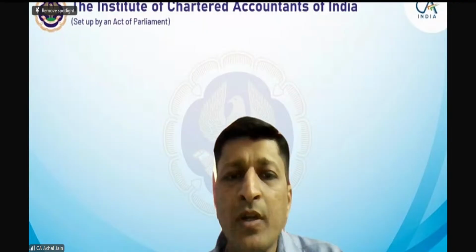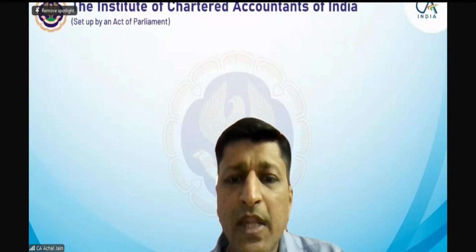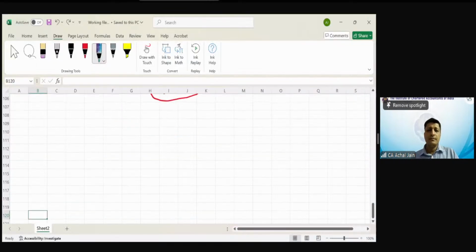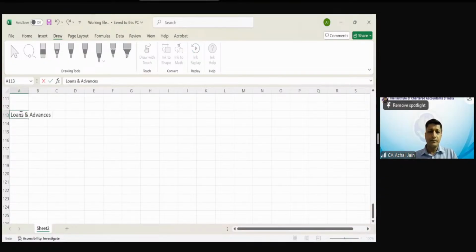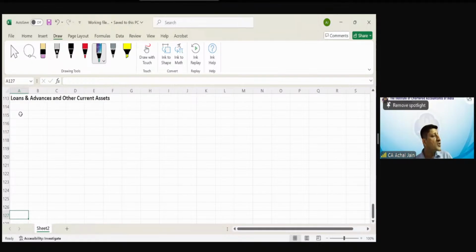Very good. So let's move on to the next item, that is about loans and advances and other current assets. First of all, can you tell me what will be included in loans and advances?